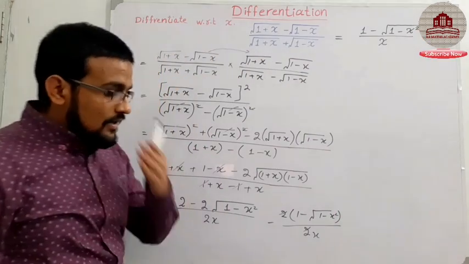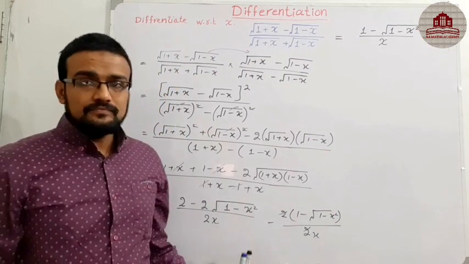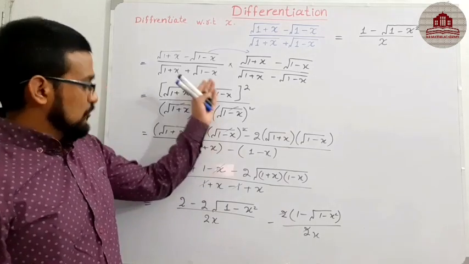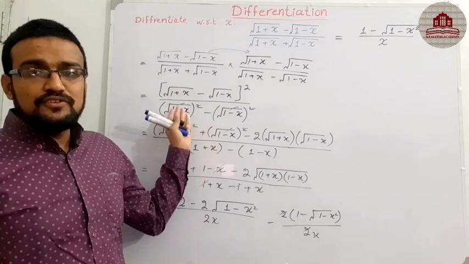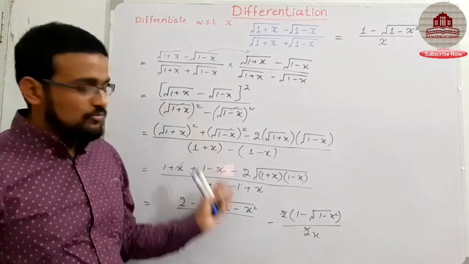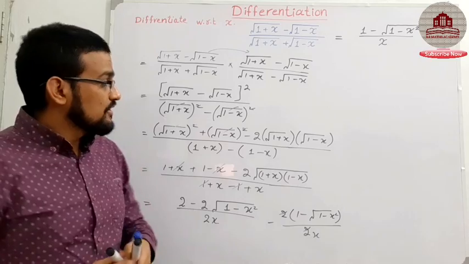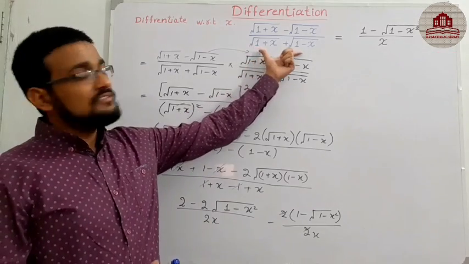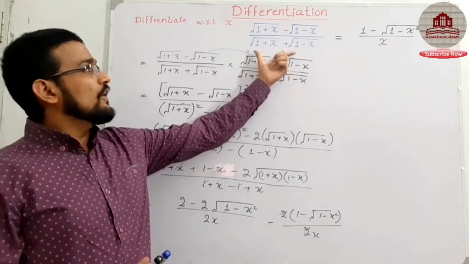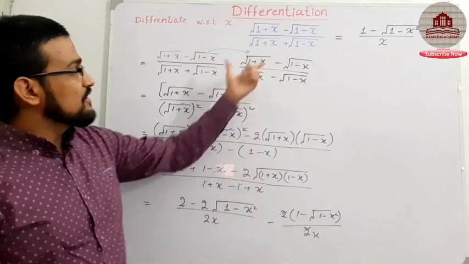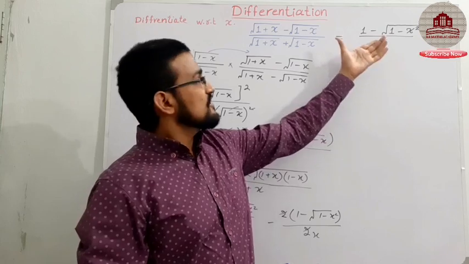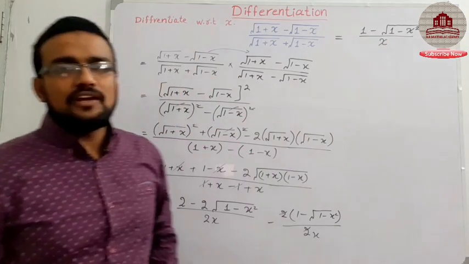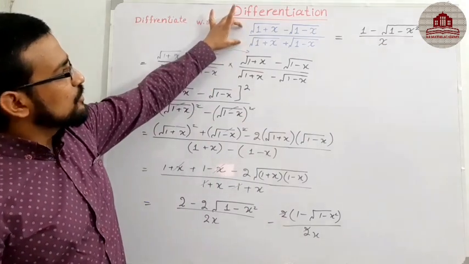Okay students, I hope you understand this topic, which formula I used here, and then rationalized the final result of this question. When you rationalize, the result is very simple, and now it is easy to differentiate as compared to the original.